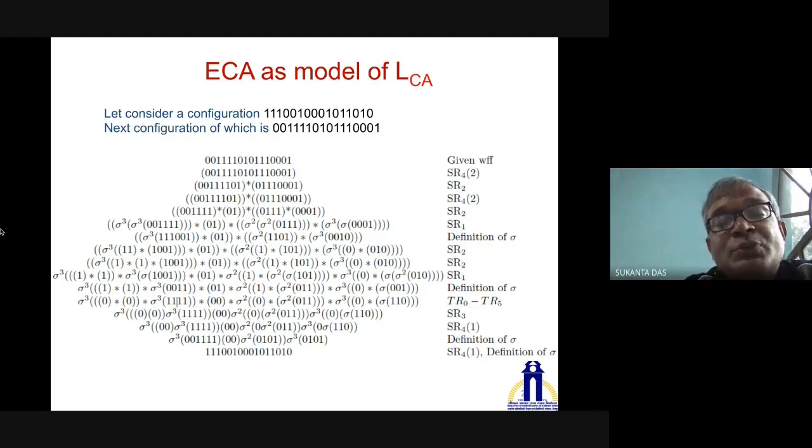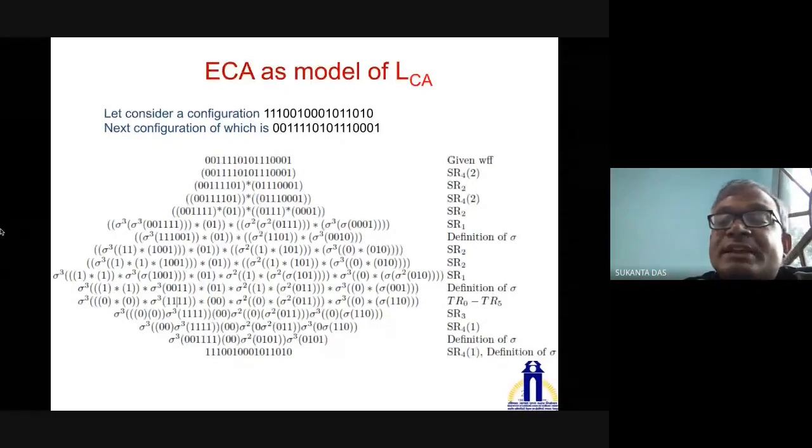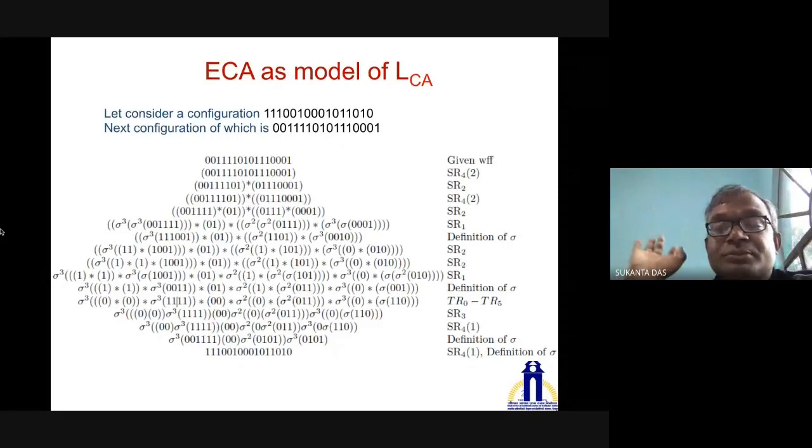In this way, finally we get a formula which consists of only some atomic WFFs. Once we get the atomic WFF, then we can apply temporal rules.